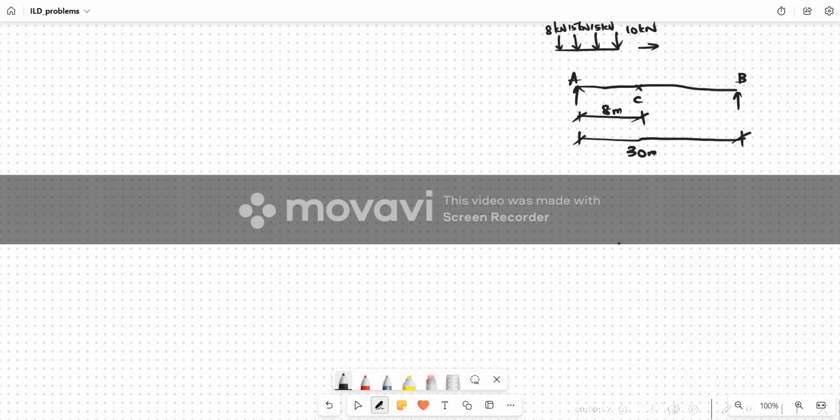This was our case. Now, you have to position this load in such a way that you get a maximum bending moment value exactly at this section C. We don't know what that position is, so let us first find the maximum ordinate for bending moment.